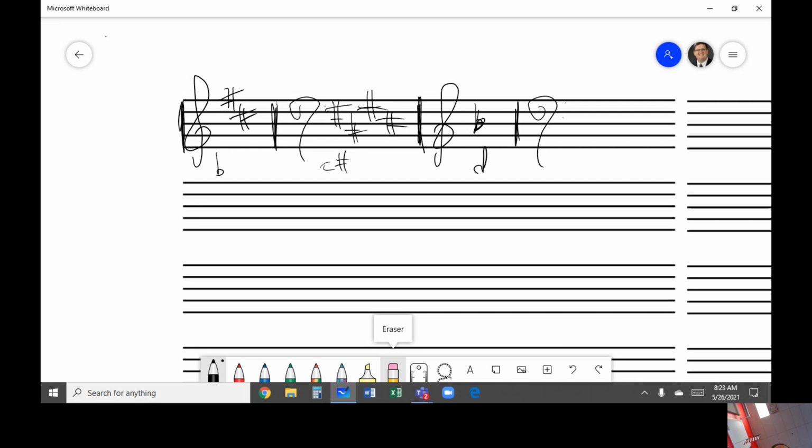Pause the video now. And here's your answer. 3 flats. Same thing as E flat major. The key signature for C minor is going to be 3 flats.